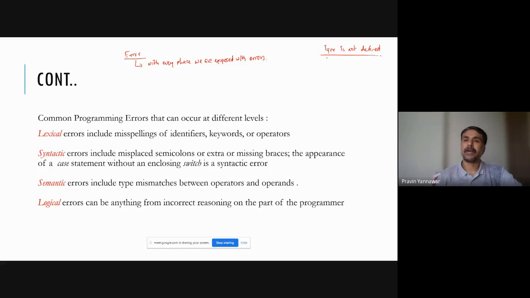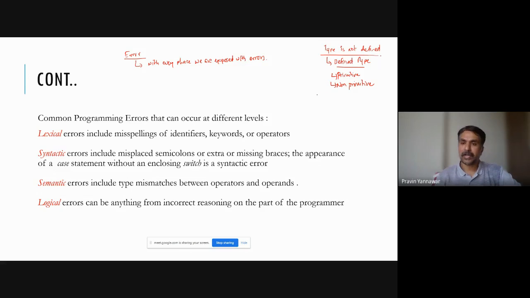By type I mean defined types; a type can be primitive or non-primitive. You are already familiar with primitive and non-primitive, but you must have a defined type. So this is a type of error.